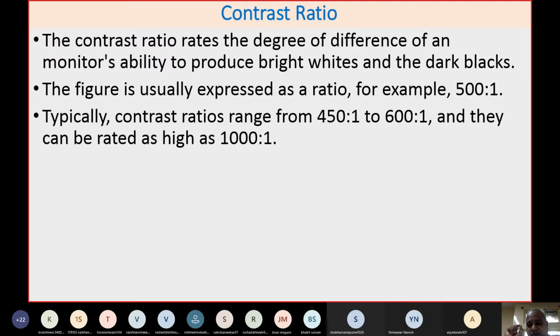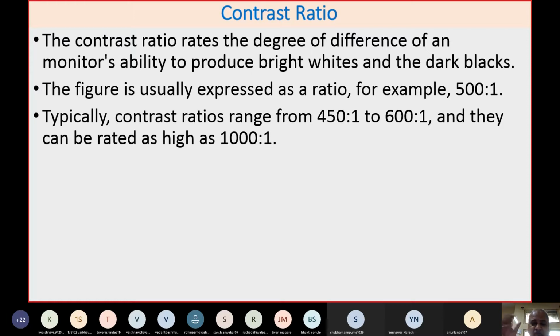That means how a display device displays very bright or very dark colors. If it is able to distinguish between very bright and very black, how much it can is generally expressed as a ratio. Normally 500 to 1 is the acceptable ratio for most brightness and contrast figures.